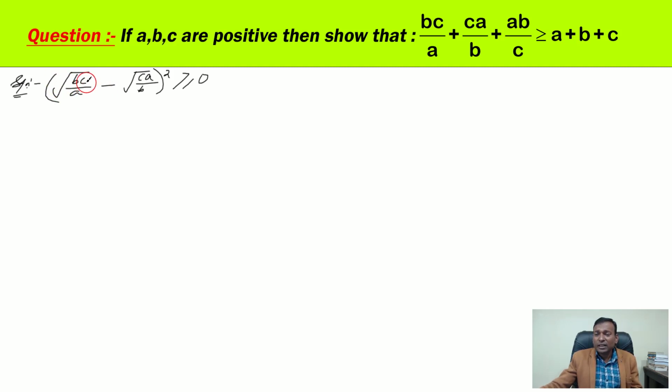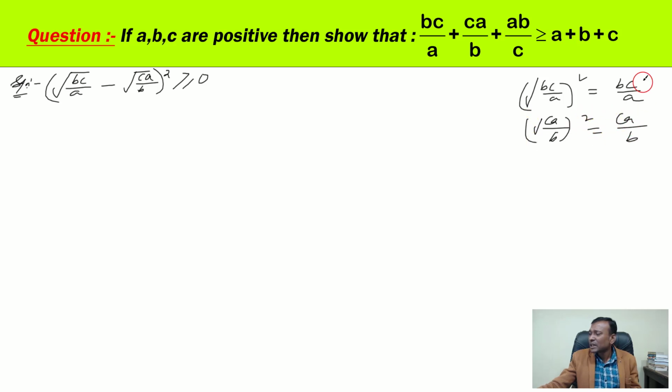If we square this one, root BC by A whole square gives BC by A. If we square root over CA by B whole square, it gives CA by B.